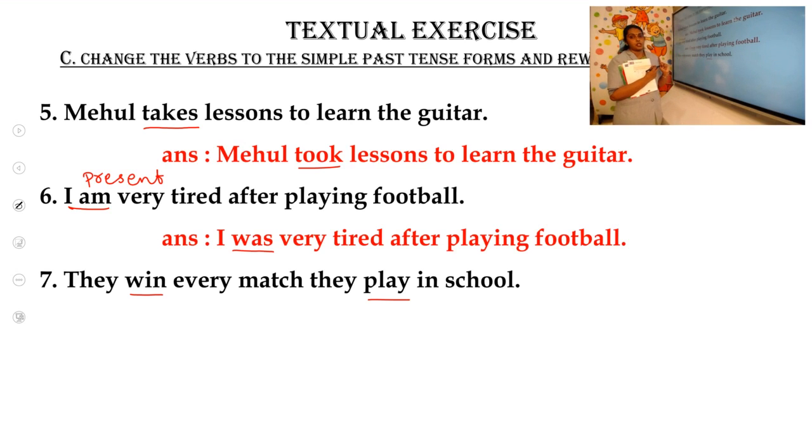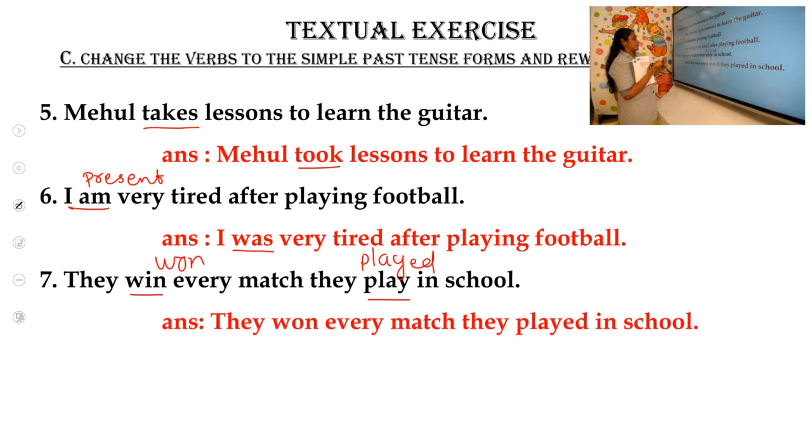Both the verbs we have to change into past tense. What is the past tense of win? Won. What is the past tense of play? Played. They won every match they played in school.